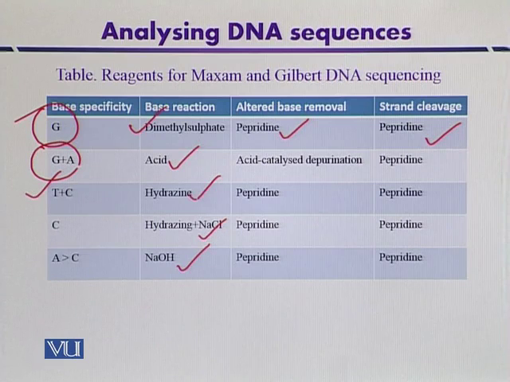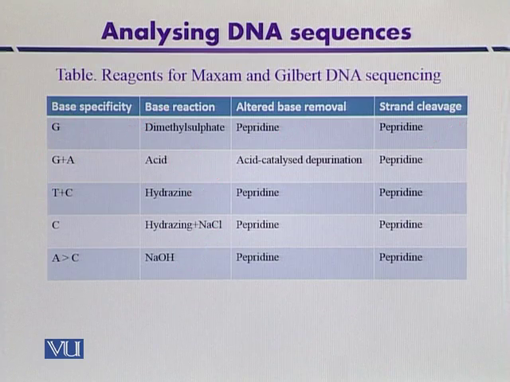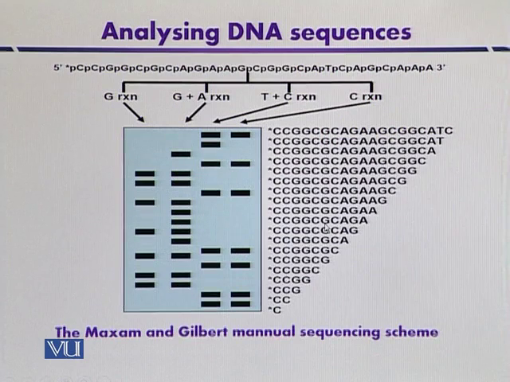So here we have 5 different types of reaction mixtures that are run separately, and depending upon the alteration of the base, different fragments that vary in their length will be obtained, that will be separated using polyacrylamide gel electrophoresis. And here is the basic strategy of the Maxim and Gilbert method. Suppose we have a DNA fragment whose sequence we want to know.